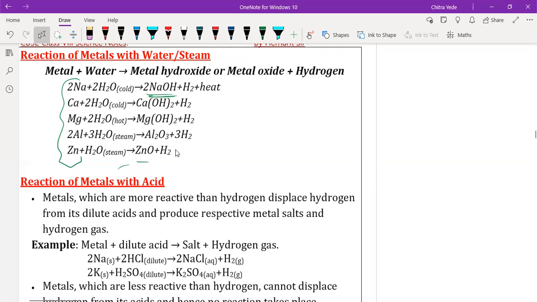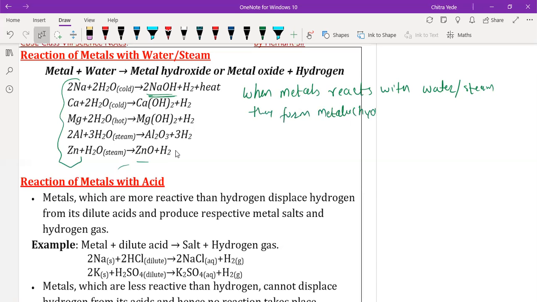So when metals react with water or steam, they form metallic hydroxide, or sometimes metal oxide, and hydrogen gas is released. So this is a general description.